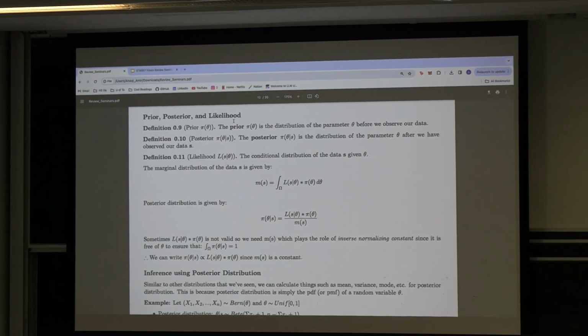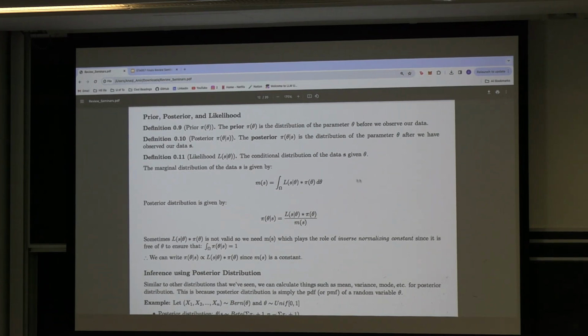This means we just have an idea that it could be somewhere in between those numbers. The posterior distribution is the distribution of the parameter after we have observed the data. We run the experiment, we take our samples, and based on that, we create a new distribution that combines the two to have a better understanding of where this true parameter lies.